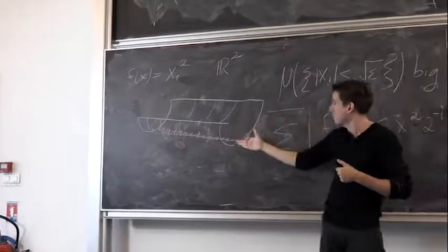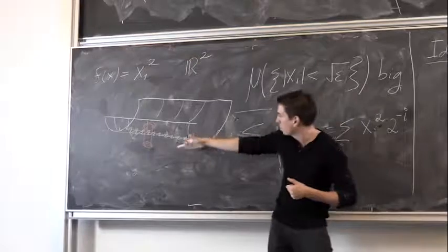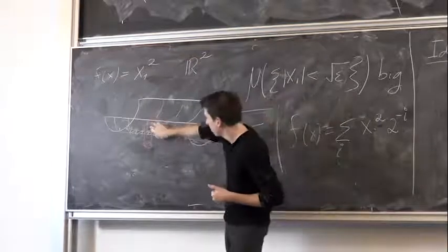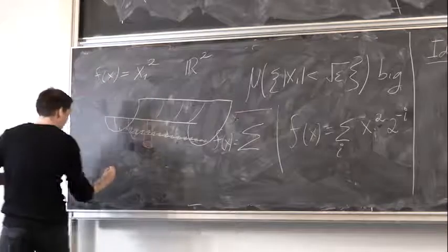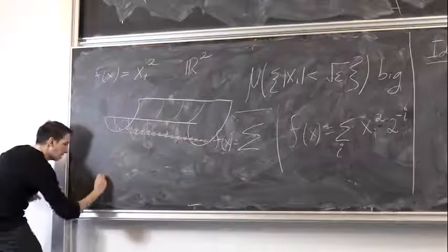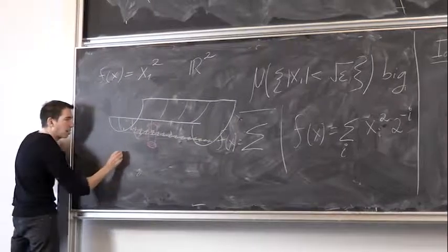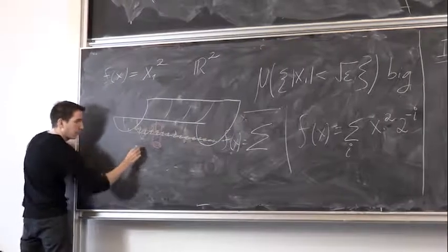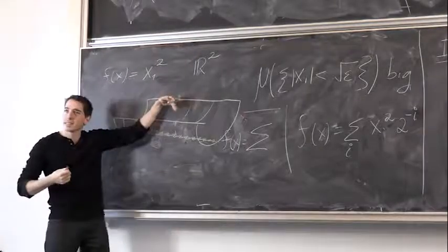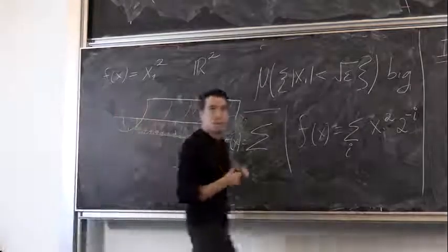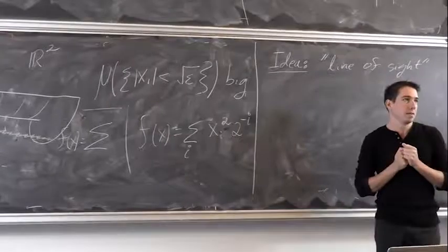On the other hand, if the adversary is on this side of the surface, and I take a point z minus epsilon, which has an open line of sight to this thing, not blocked by the other part of the surface, then the adversary cannot hide here.